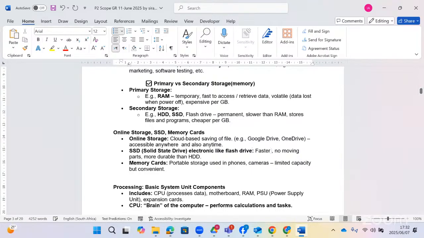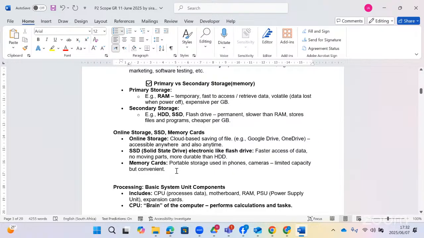So faster access of data. And then there's no moving part. It's more durable than HDD as well. In other words, when it falls down, you'll be able to retrieve your content. So these are some of the things to compare. But the disadvantage is that it's more expensive as compared to the hard drive.